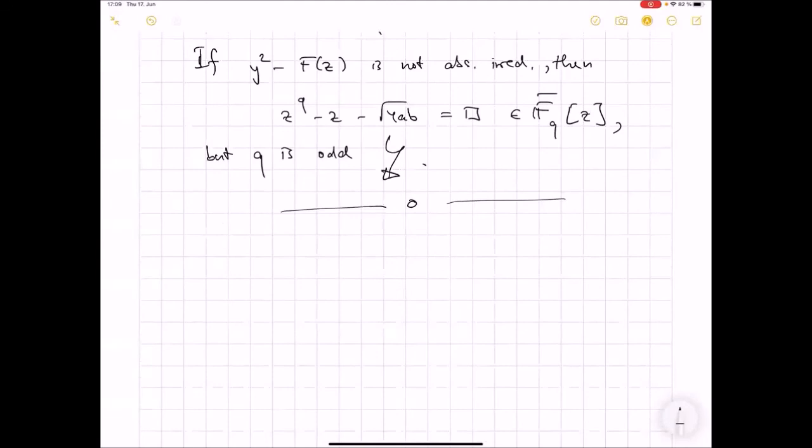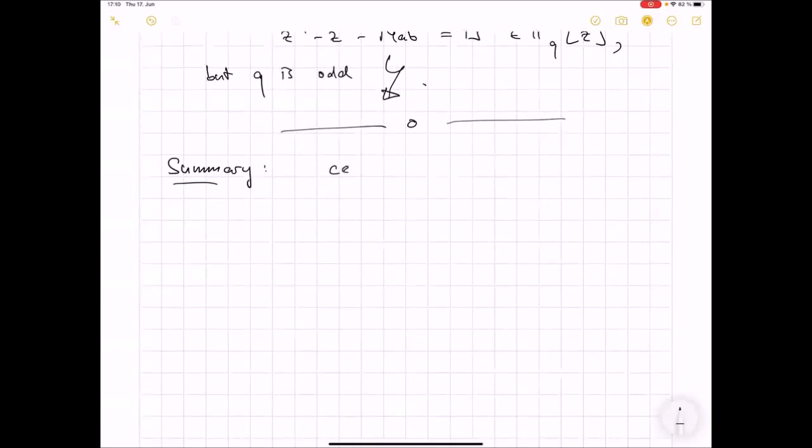And let me just summarize the central ideas. Central ideas and outlook.